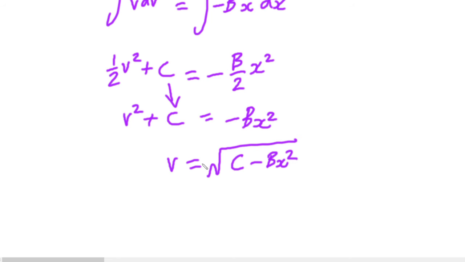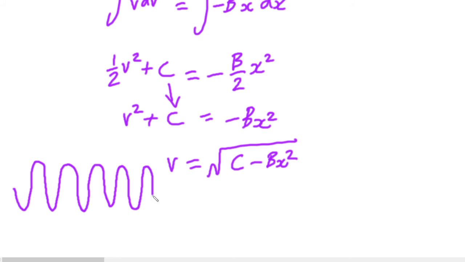So if v is equal to the square root of c minus bx squared, well, one thing to remember is that when we look at simple harmonic motion, we're looking at something which has a particular amplitude. If it takes a certain amount of energy to compress a spring by x centimeters, and the mass in the system is only charged with that much energy, charged not being the accurate term here, but anyway, you get what I mean.